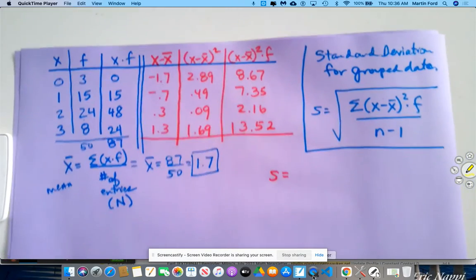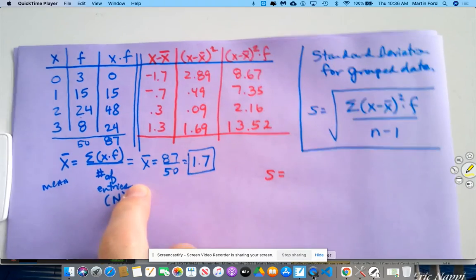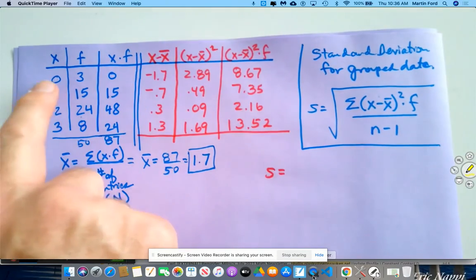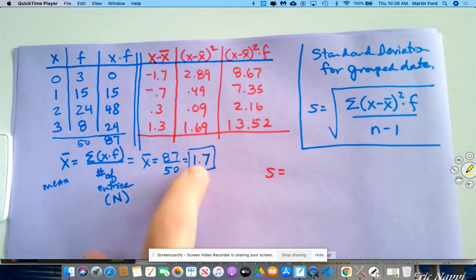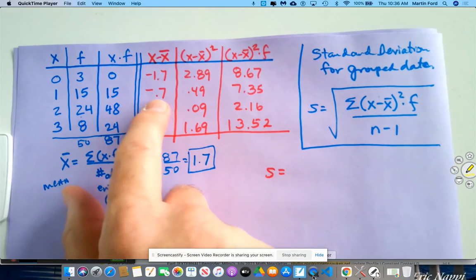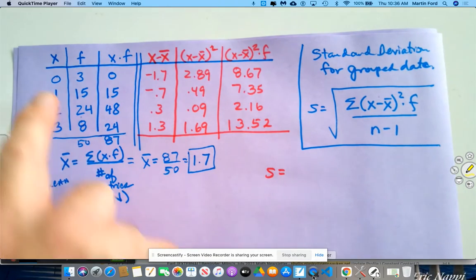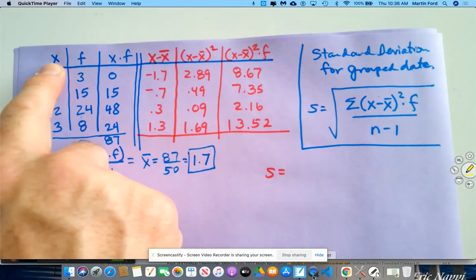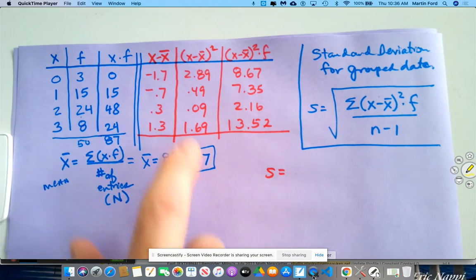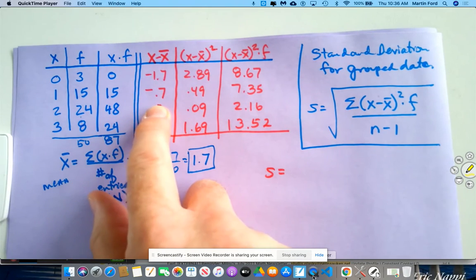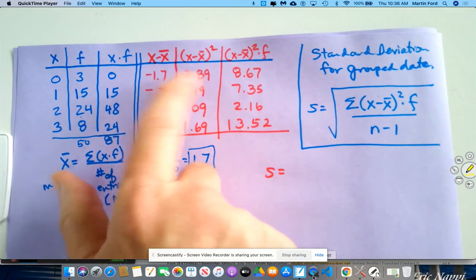Now, you're going to see our table is filled in. You have the deviations, which are your x minus 1.7, your 1 minus 1.7, and so forth. If I take the blue and subtract this mean, I get this red right here. The next column are the squares of these numbers.